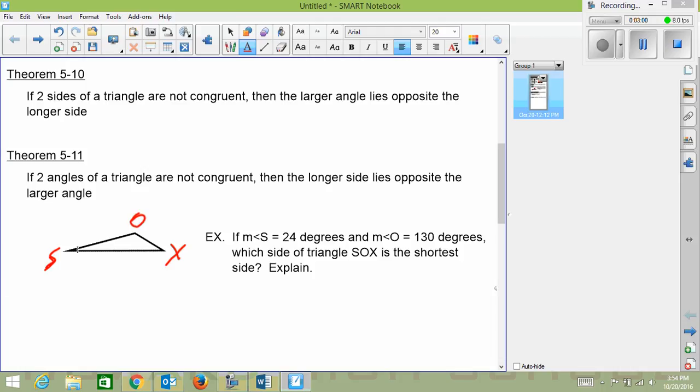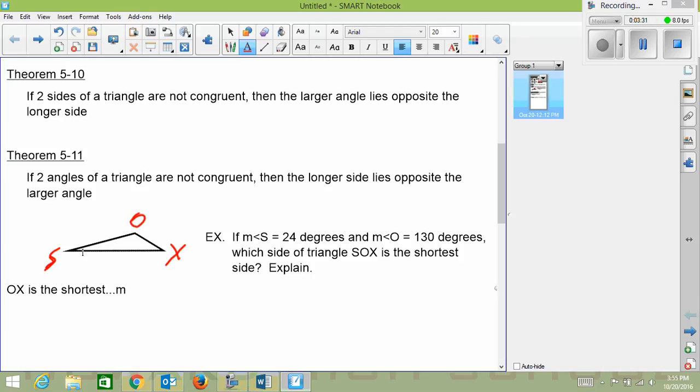So this is 24, this is 130, so what's left to make 180 here? 130 and 24 is 154, that would leave 26 degrees for angle X. And so since we know the longest side is opposite the longest angle, the shortest side would be opposite the shortest angle then, the smallest angle. So 24 and 26, so angle S is the smallest angle, which would make side OX the shortest.